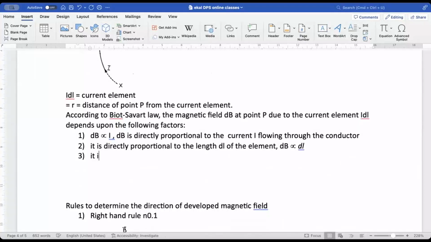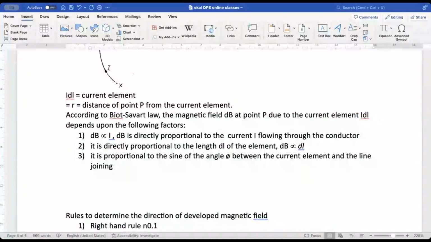It is proportional to the sine of the angle theta between the current element and the line joining the element to the point P. So we have dB is proportional to sine theta, right?